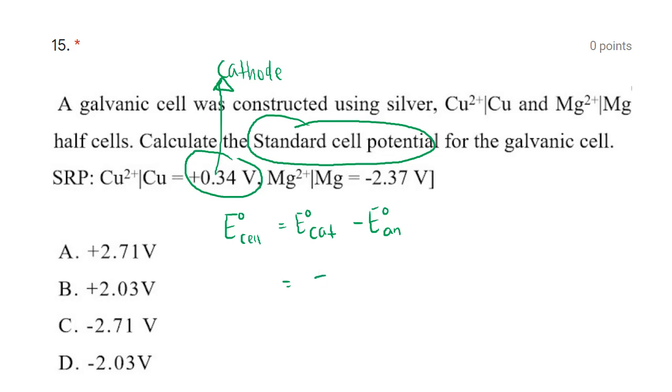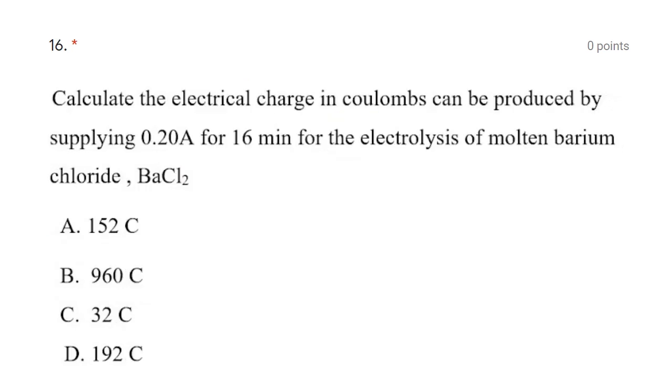So it will be positive 0.34 minus negative 2.37. Press the calculator and you will get positive 2.71 volt. So the answer is A.